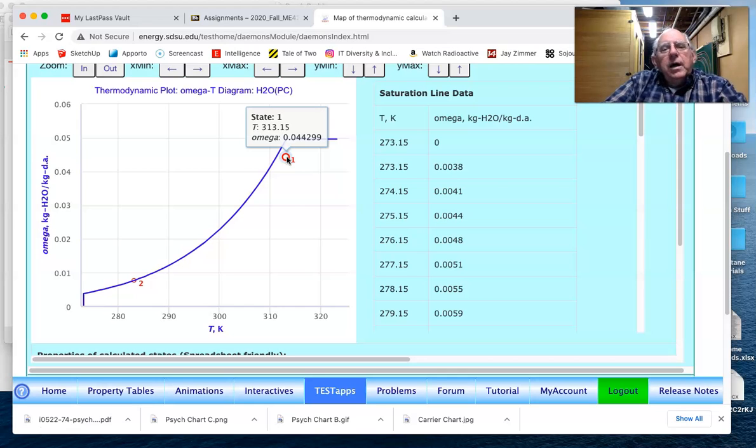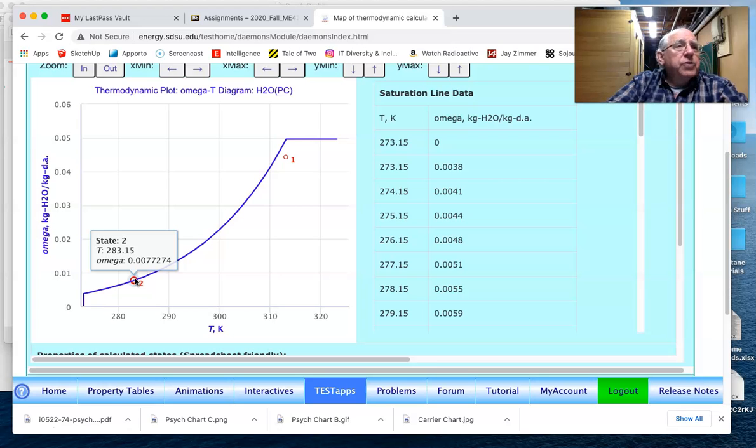And so what typically happens is one looks at this as a two-step process. We go from state 1 to a state, and let's call it state 4, where we only change the humidity ratio, but keep the temperature the same. And then we come from that particular condition over to here, where we then cool the mixture down.